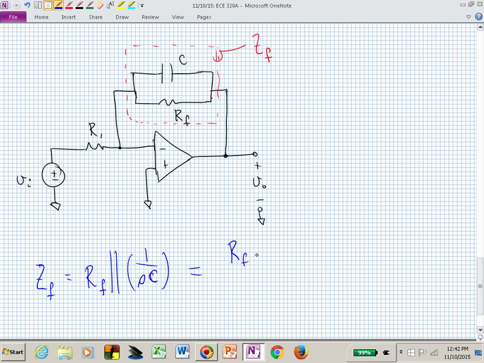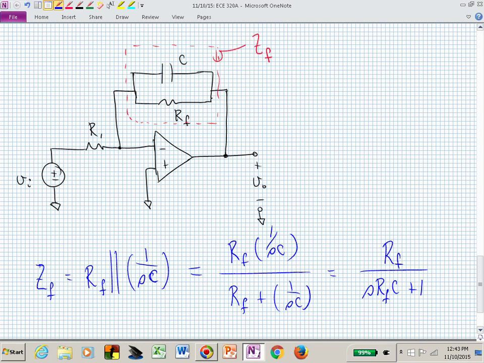You now have the product of the two impedances over their sum. And if we put everything over the same denominator in the numerator and the denominator, we can cancel those, and we end up with R sub F over S R sub F C plus 1.